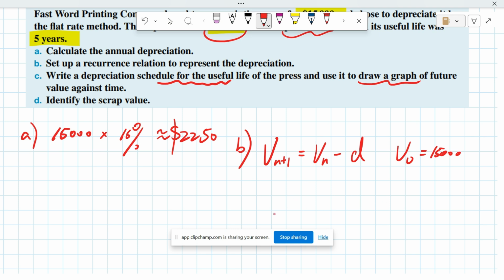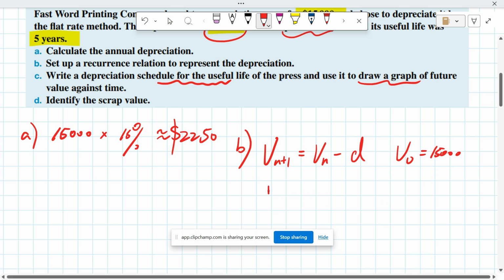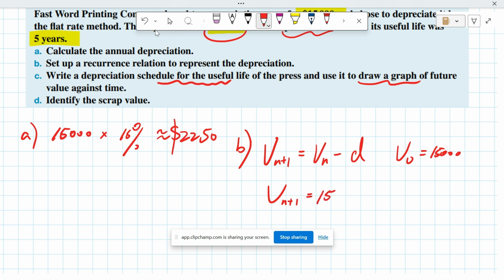So Vn+1 equals Vn minus $2,250 as a recurrence relation.